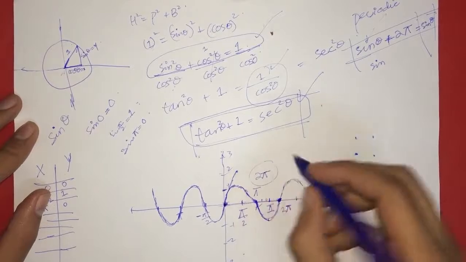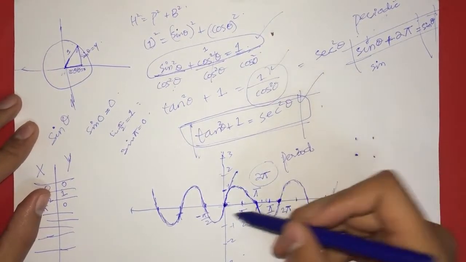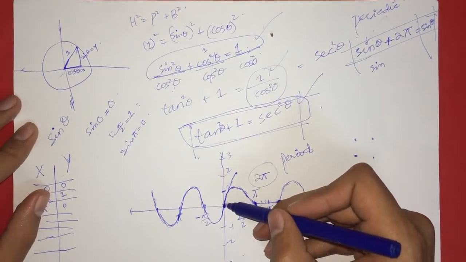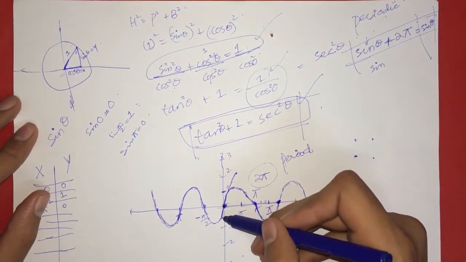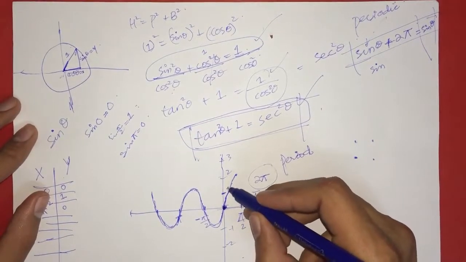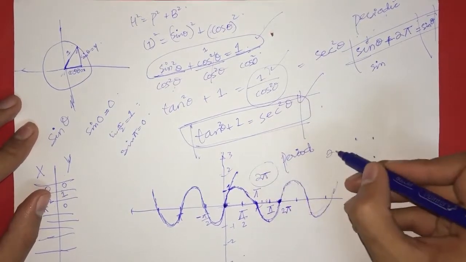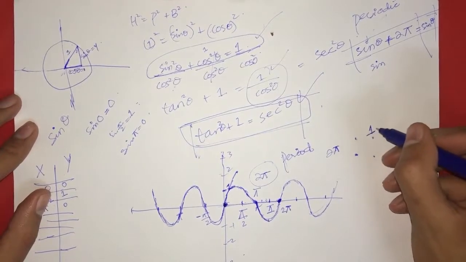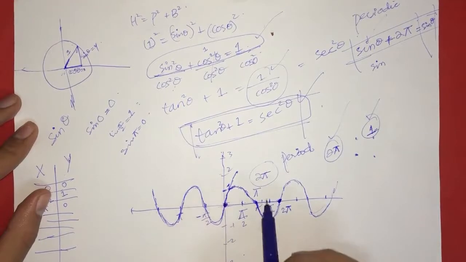And the amplitude, its height from the origin to the positive y-axis, and from the origin to the negative y-axis, is actually 1. So the period of a sine function is 2 pi, and the amplitude is 1. These are the two important terms to consider, and this is the graph of the sine function.